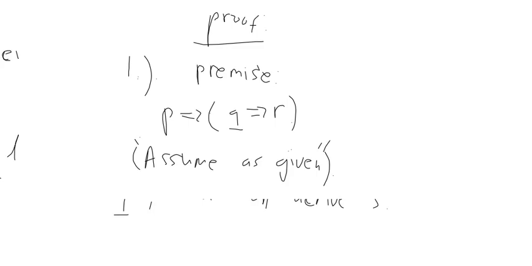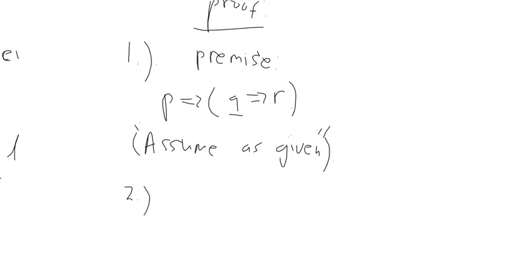All right, so we have, because premise 1, P implies (Q implies R), assume as given, because we said our proof strategy for the first level is to assume P, then derive Q implies S. That's premise 1. Premise 2 was to say that Q implies R, which implies S. If you remember, what I said earlier was that both of these are the two premises we were dealing with.